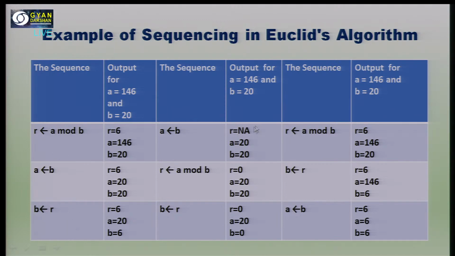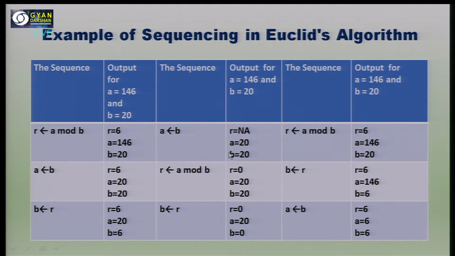Suppose you change the sequence. So R in this case is not applicable; right now we do not know it. Okay. The value of A is 20 and let's say B is also 20 in this case. Now when you do this operation, what is it going to result in? So A was 20, B was something else.